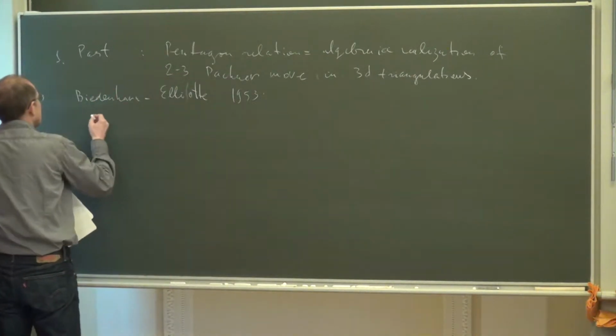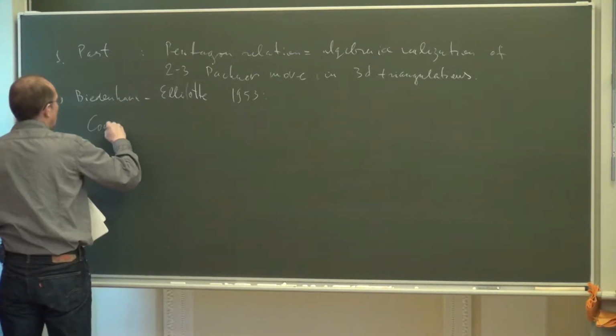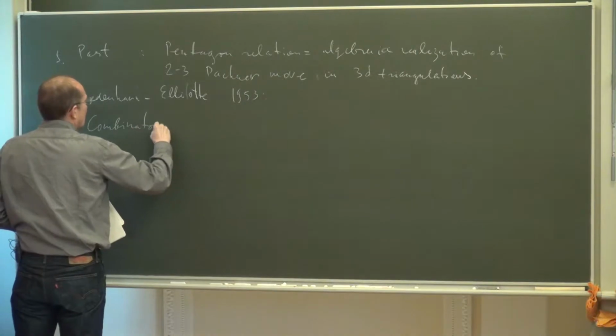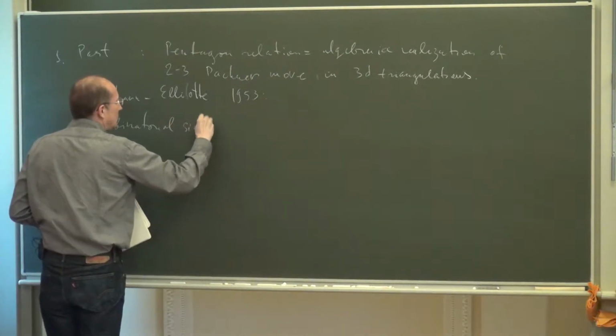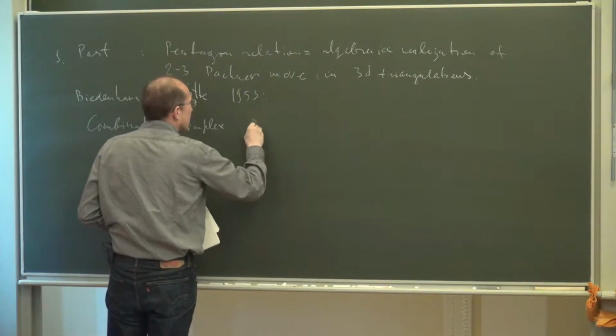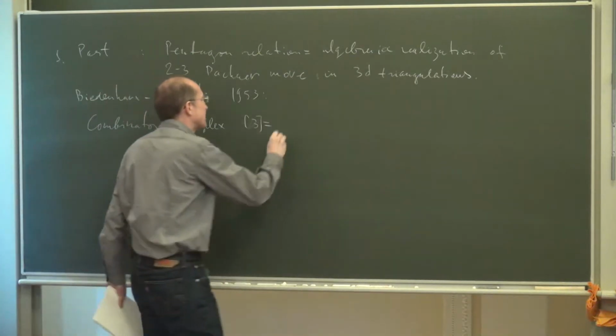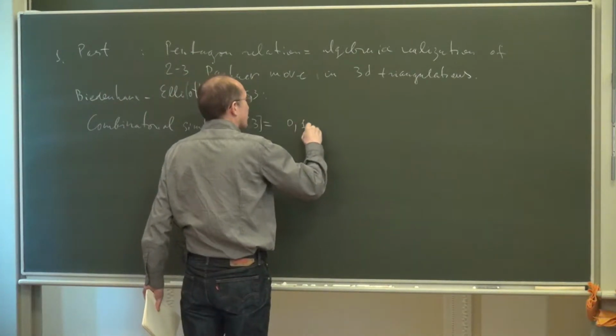So let us take a combinatorial simplex. This is a set of integers from 0 up to 3.